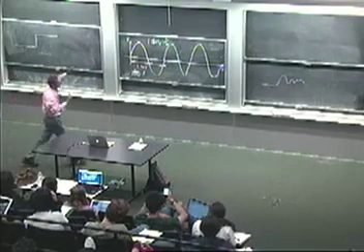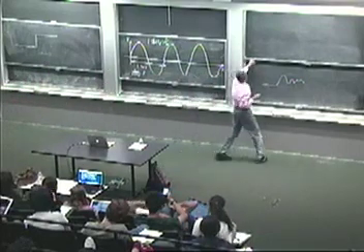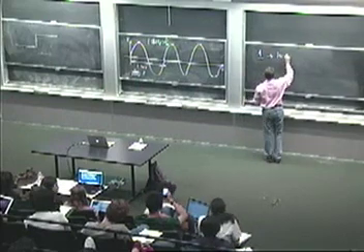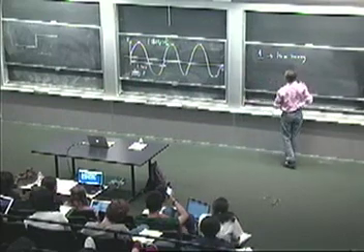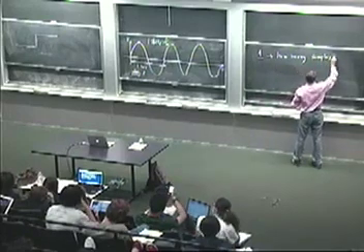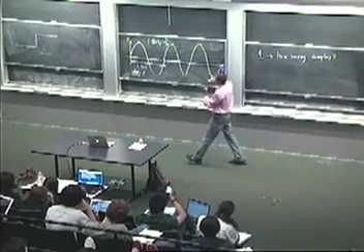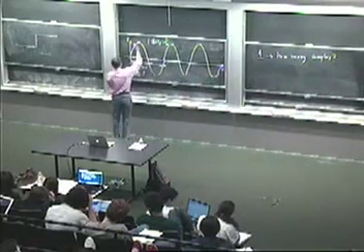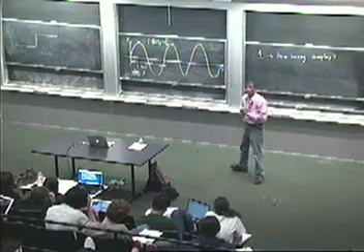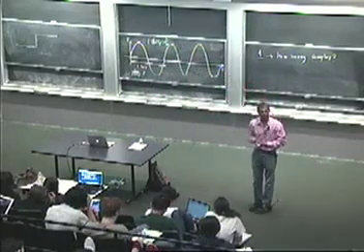When I have a bit that I want to transmit, let's say a 1, how many of these periods of this waveform do I want to use to transmit a 1?